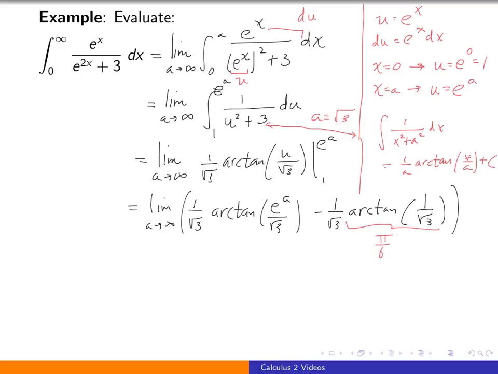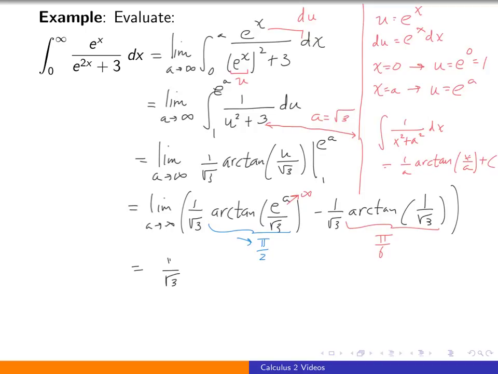So now we go ahead and we evaluate the limit. So as a goes to infinity, we have e to the a itself going to infinity. And if what's inside the arctangent is going to infinity, that means that the arctangent itself would be going to pi over 2. So putting this all together, we have 1 over root 3.